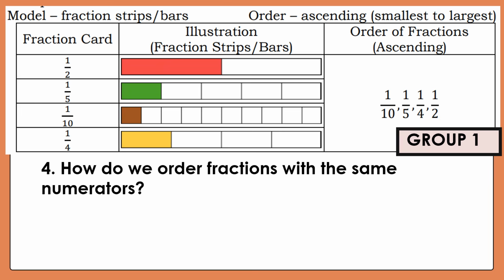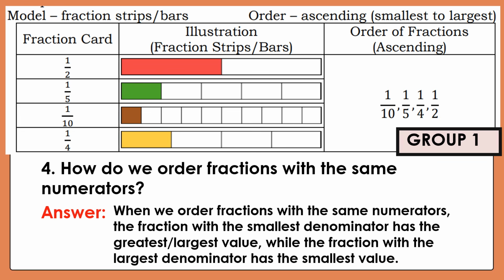Number 4, how do we order fractions with the same numerators? The answer, when we order fractions with the same numerators, the fraction with the smallest denominator has the greatest or largest value, while the fraction with the largest denominator has the smallest value.